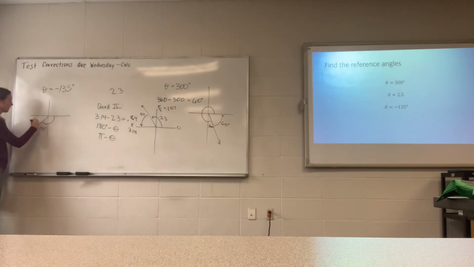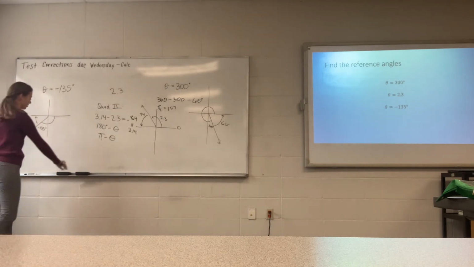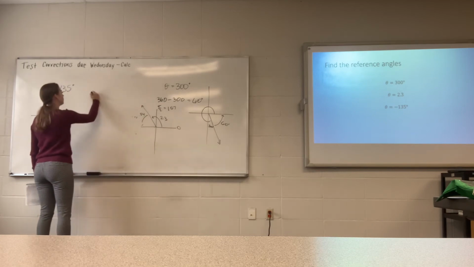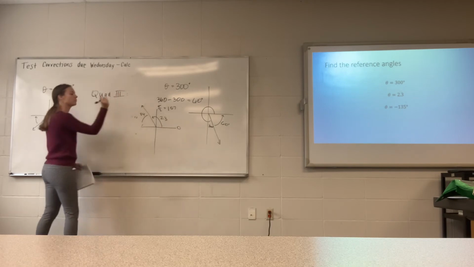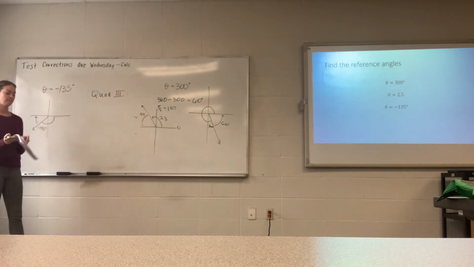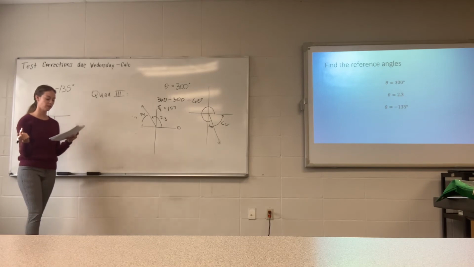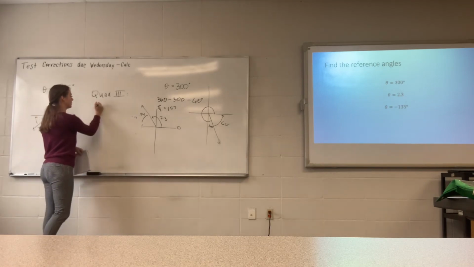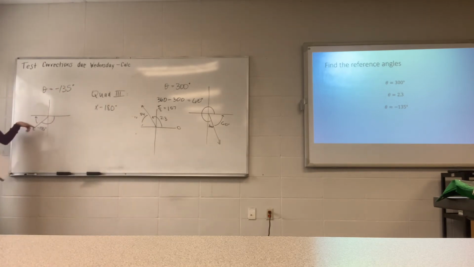I need to figure out my reference angle to get back to my x-axis. If I'm in quadrant 3, what's my formula? 180 minus that. It'd be x minus 180, because you take your angle minus 180.